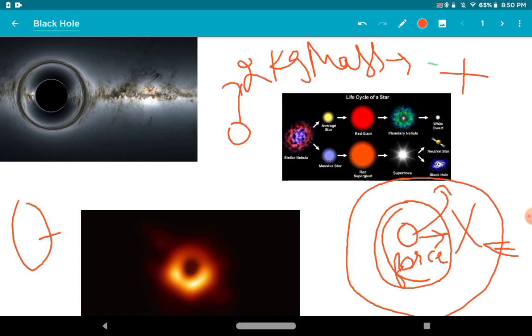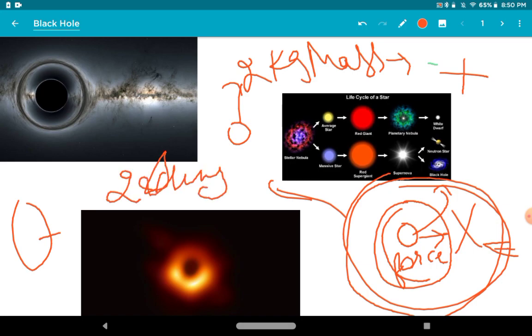Like a star is very big but has only the mass of 2 suns, but there is a black hole which is the size of, let's take the size of New Delhi.